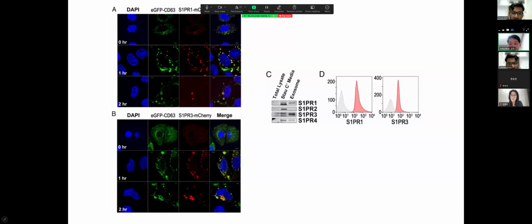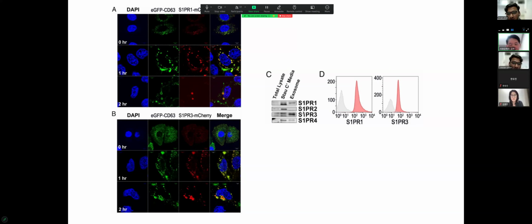And then the role of S1PR1 and S1PR3 was found in the confocal microscopy: S1PR1 and S1PR3 were co-localized with the EGFP CD63 particles after the treatment with staurosporine.